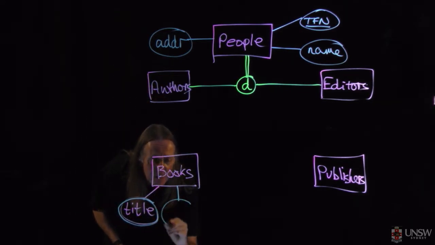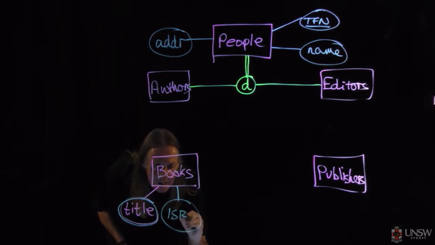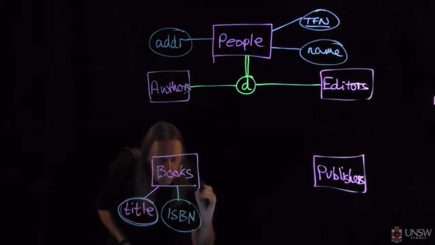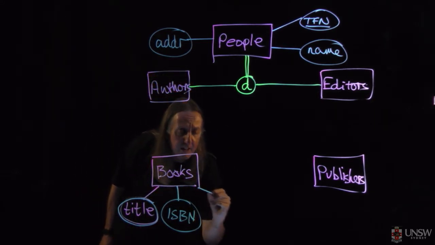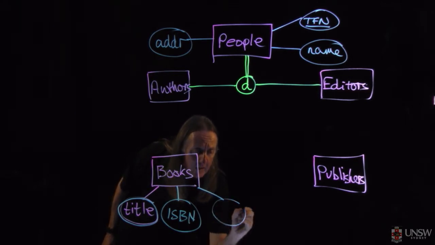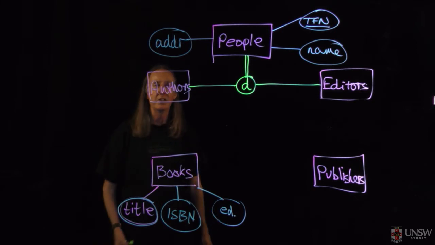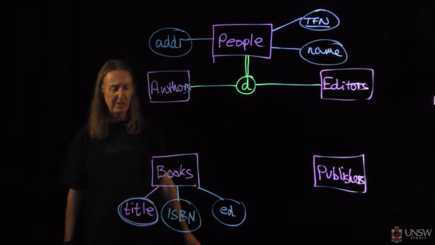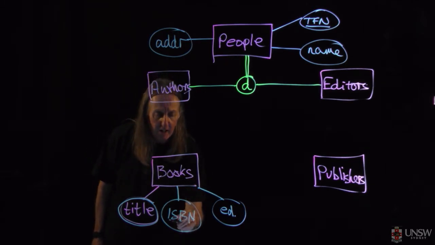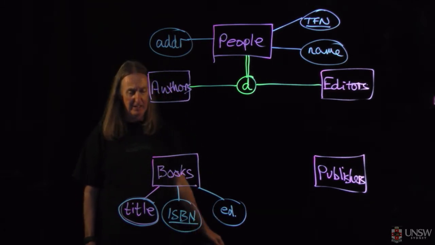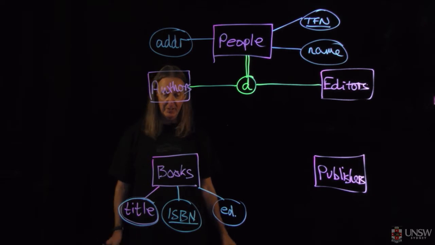So any book is going to have an ISBN, something that uniquely identifies a particular edition of a book. So that's the other thing that we're interested in with books, is it the first edition, the second edition, and so on. So the ISBN will be something that uniquely identifies a particular edition of a particular book.